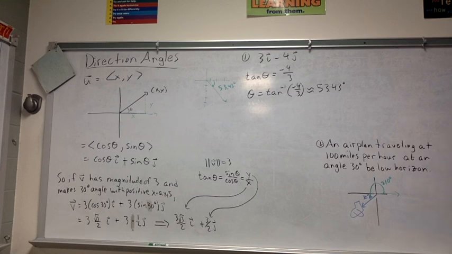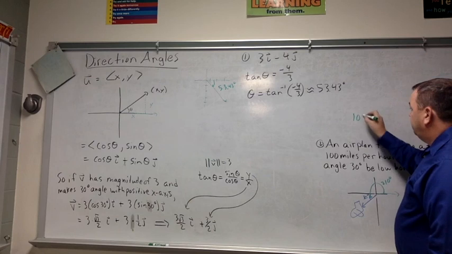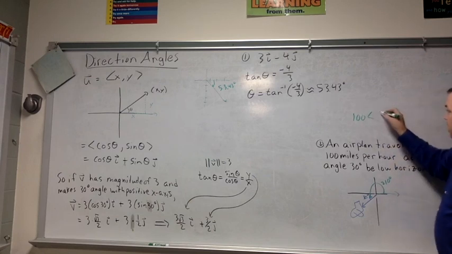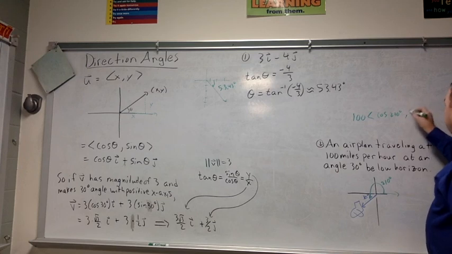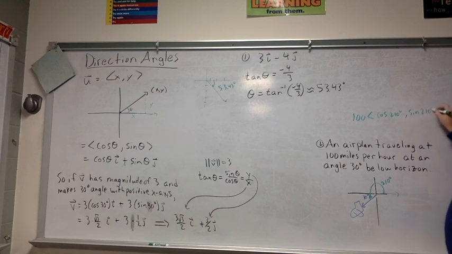So if I take what I learned with this direction angle, if I have a magnitude of 100 and I multiply that by the cosine of 210 degrees, sine of 210 degrees, I can give you the component forces, the pieces, that determine where this airplane is going.